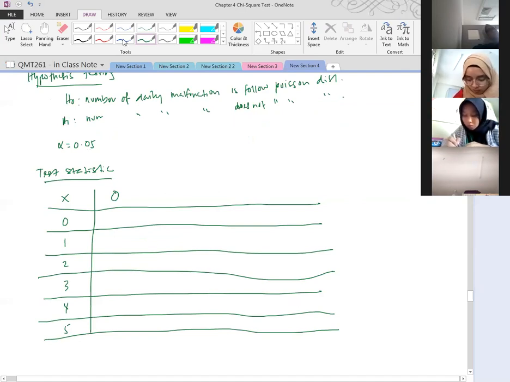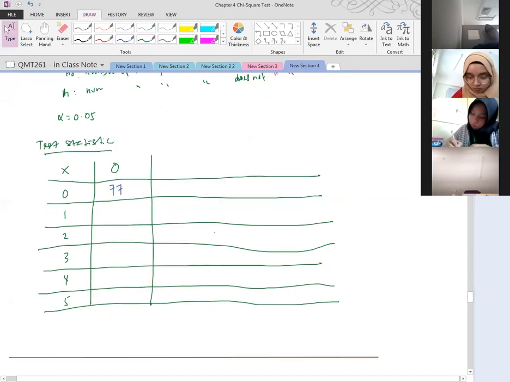So the observed values are 77, 90, 55, 30, 5, and 3. The total is 260.